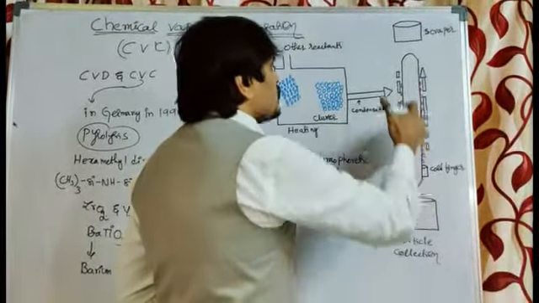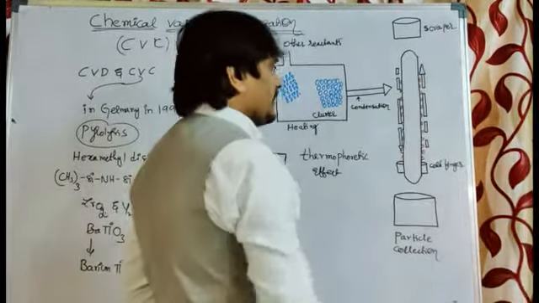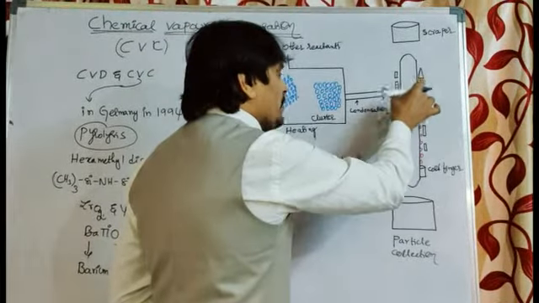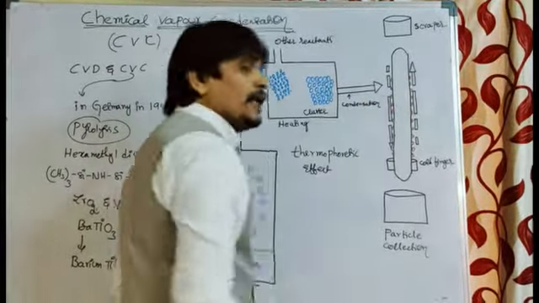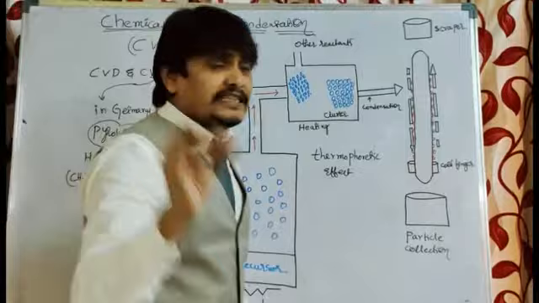Now there is a need to isolate or extract these nanomaterials which have been accumulated on the surface of the cold finger. That job is being done by the scraper.